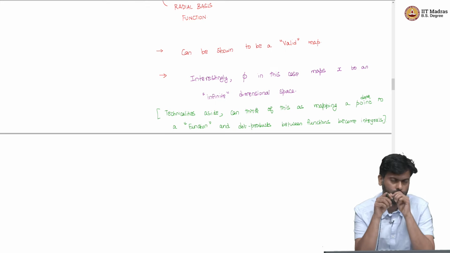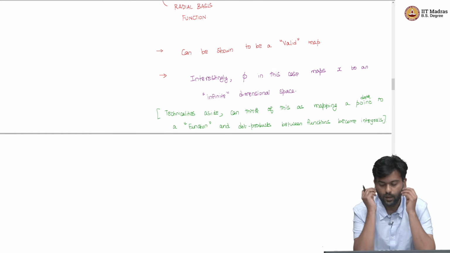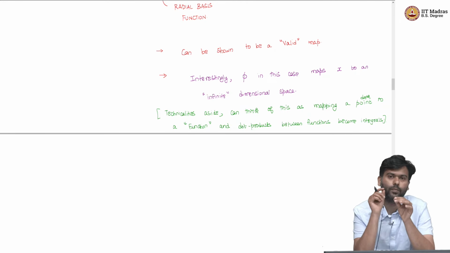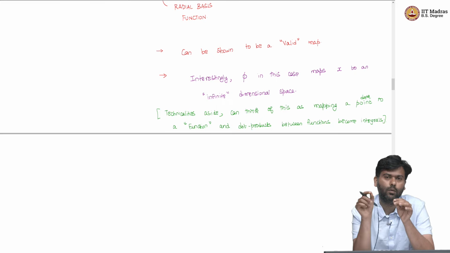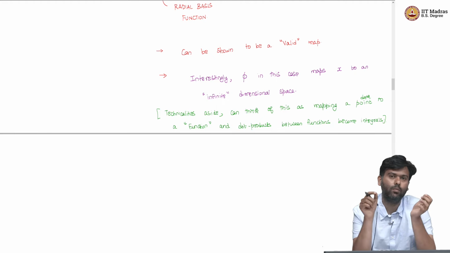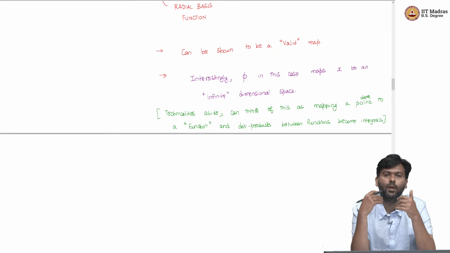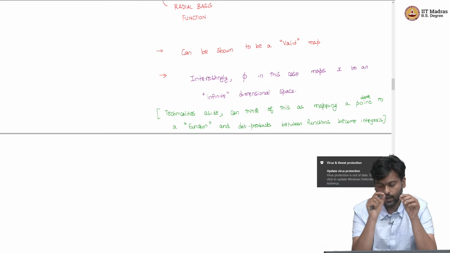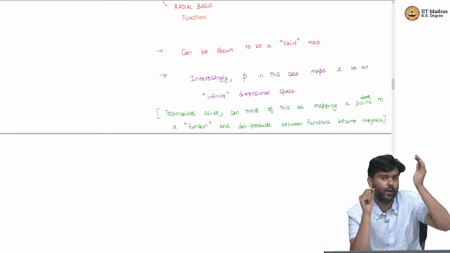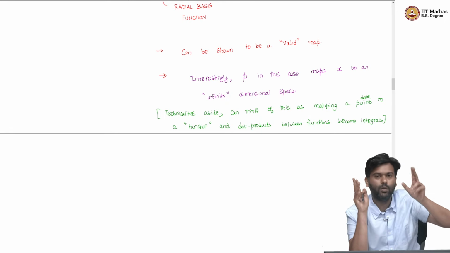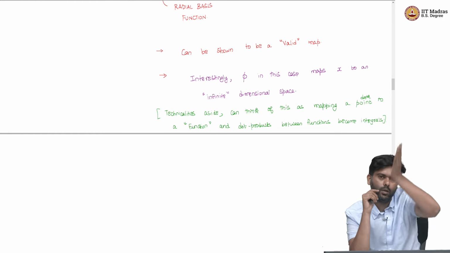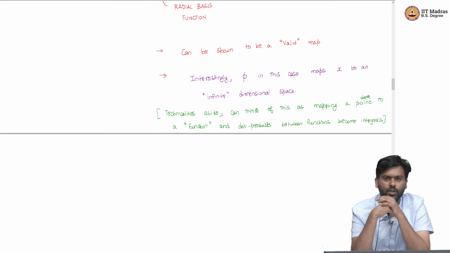Because this is an infinite dimensional space, you can think of it as if it is a function, right. So, what is a function? A function is something where you give an input and out comes an output, and the input can be any real number, of which there are uncountably infinitely many, and the output is also a real number, let us say. Now, you can think of the whole function itself as an infinite dimensional vector, right. If you loosely treat all the inputs as a vector, then all the outputs also become a huge infinite dimensional vector.